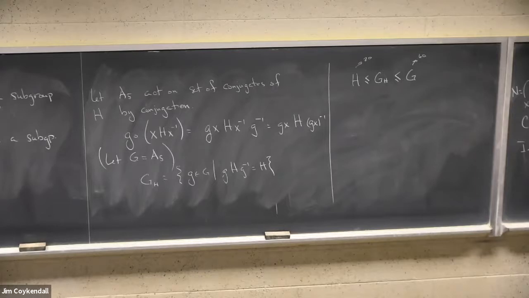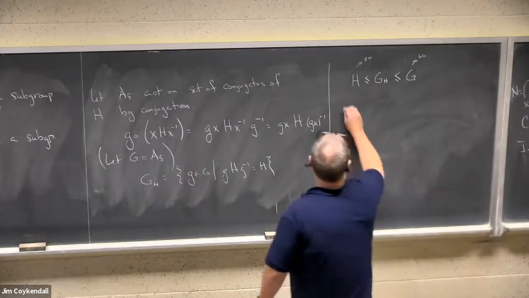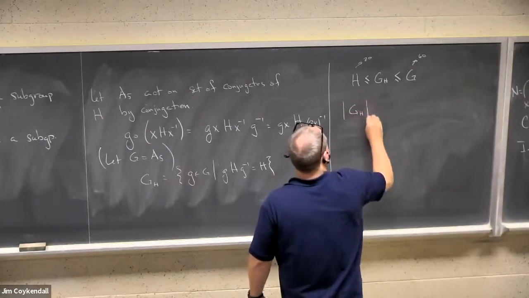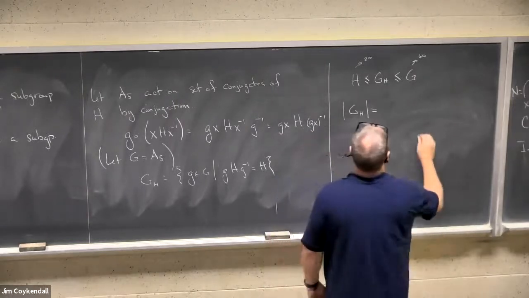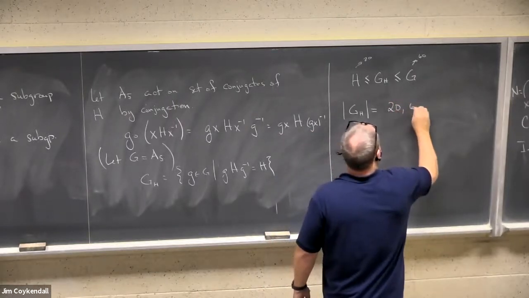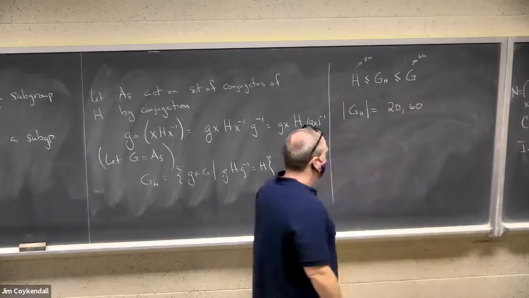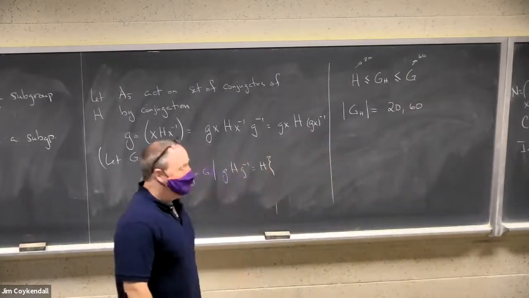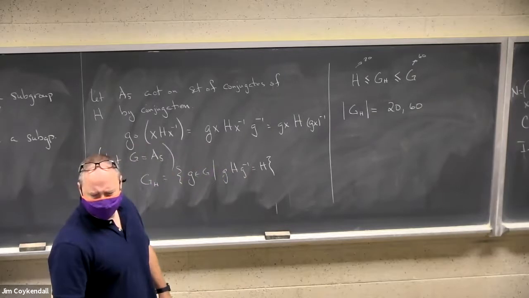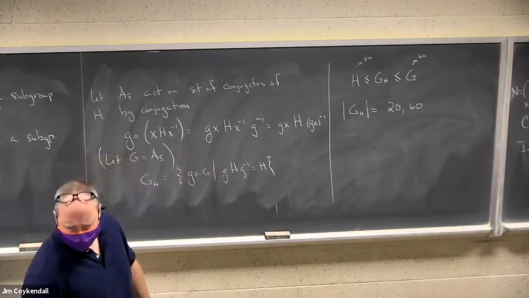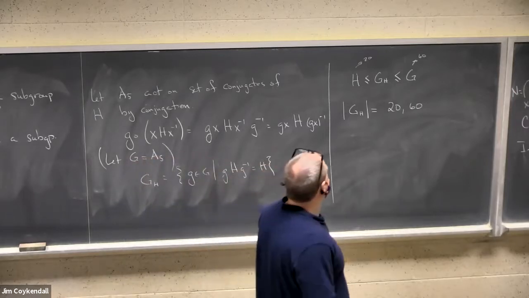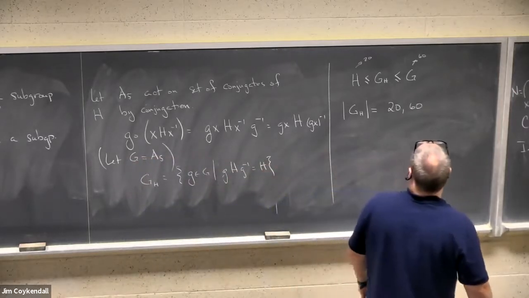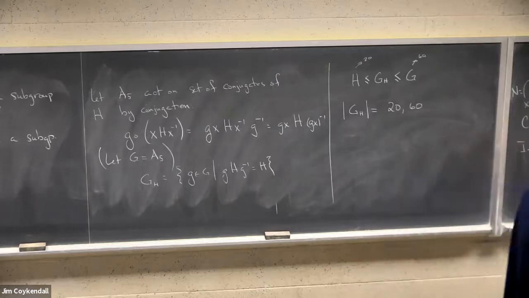So the order must be either 20 or 60. Everybody agree with me? Can you eliminate this?